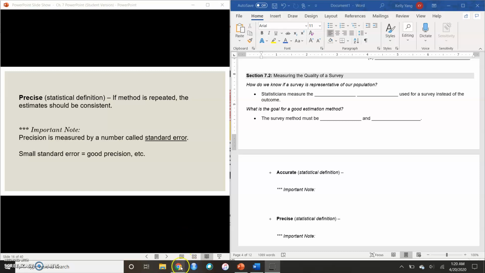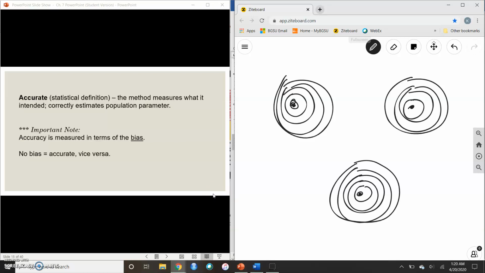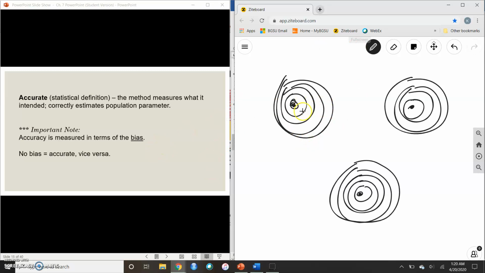Before I move on, I want to provide a little visual of what it means to be accurate and precise. Let's go back to accuracy. A method is accurate if it measures what it intends to, so it correctly estimates the population parameter. Let's say the goal is to hit the bull's eye. Imagine these are my targets.